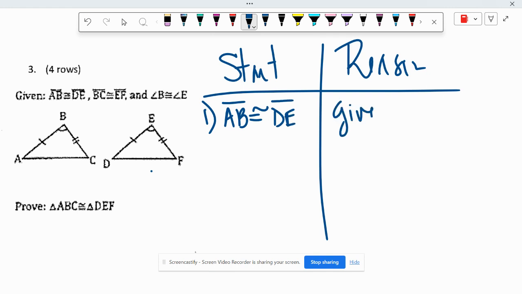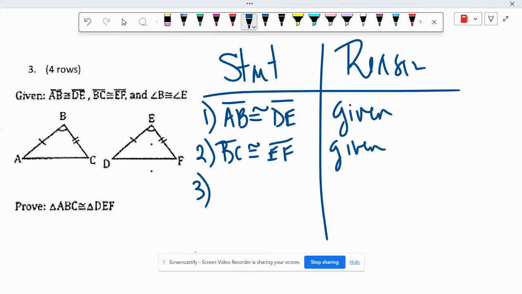Given. It's already marked for us. Statement number 2 says that segment BC is congruent to EF. That's also a given. Statement number 3 says that angle B is congruent to angle E. That is also a given.